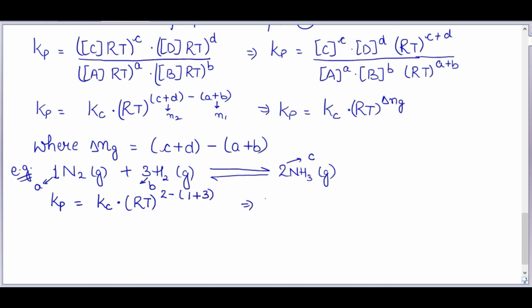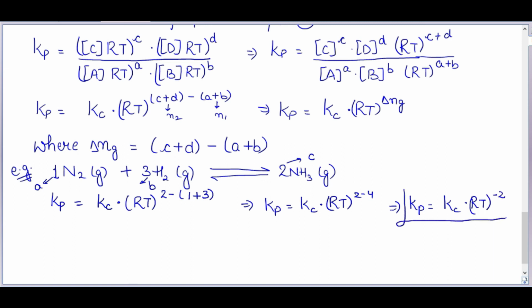It will be Kp equal to Kc RT raised to 2 minus 1 plus 3, that means 4, 2 minus 4. Kp equal to Kc RT raised to minus 2. Okay, this is the relationship between Kp and Kc if I'm having a reversible reaction, and definitely I'm having reactant and product in terms of gas.